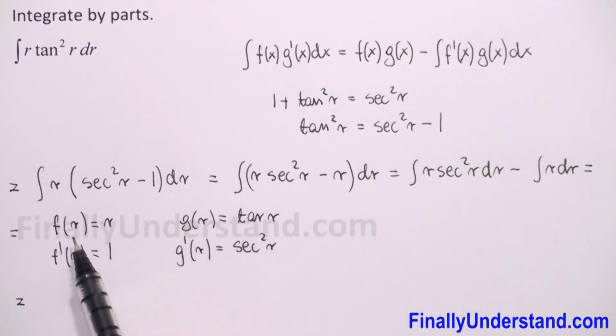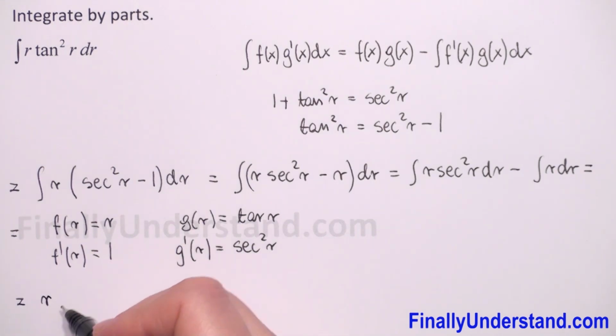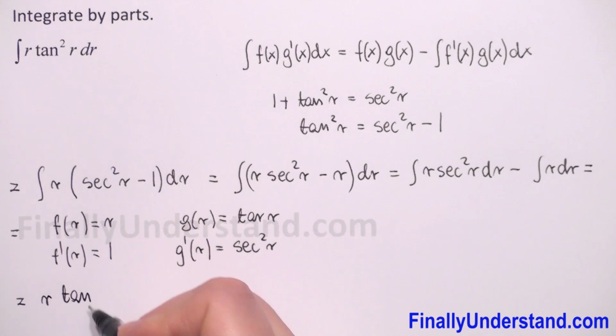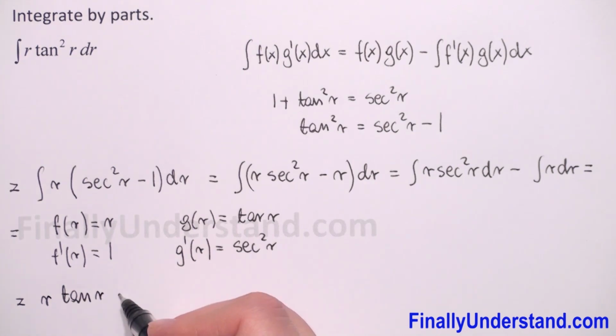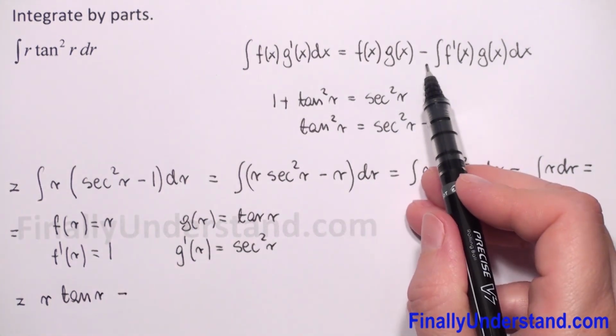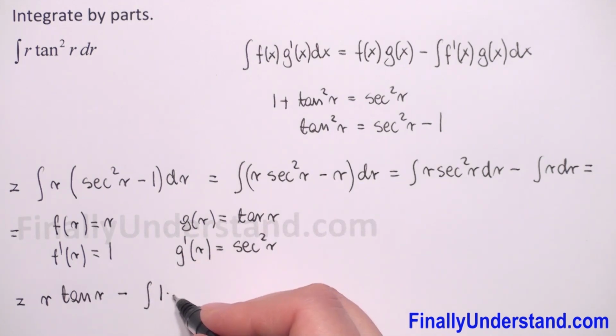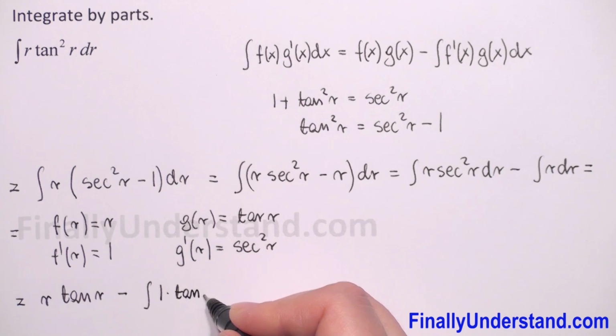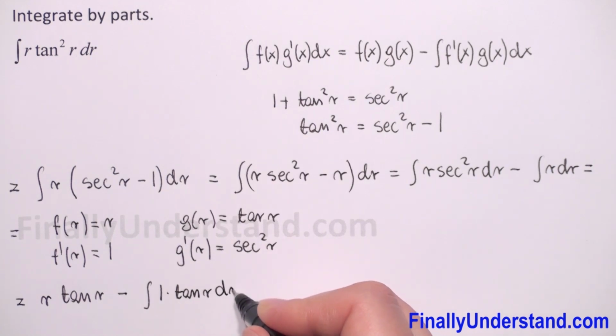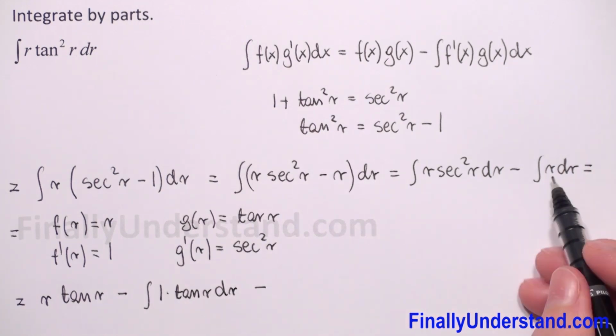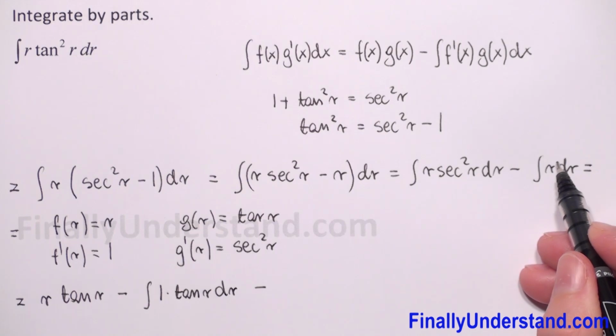We have to first multiply f times g. So we have r times tangent r minus, and next we have the integral of f prime, which is 1, times g. G is tangent r with respect to r, minus, and the integral of r, the power function formula we need to use.